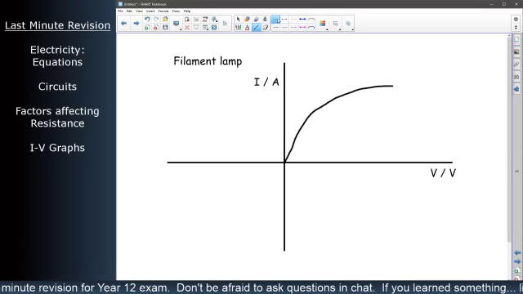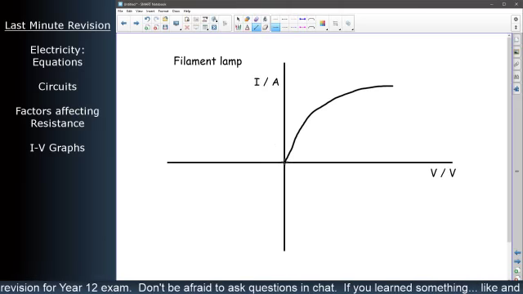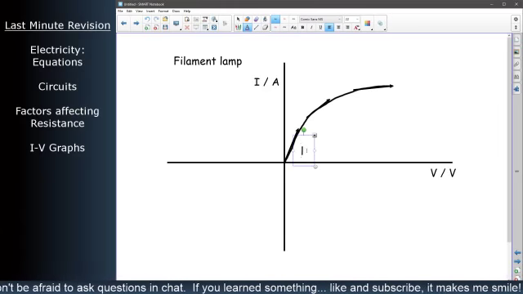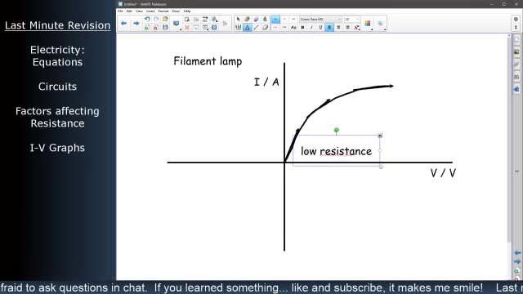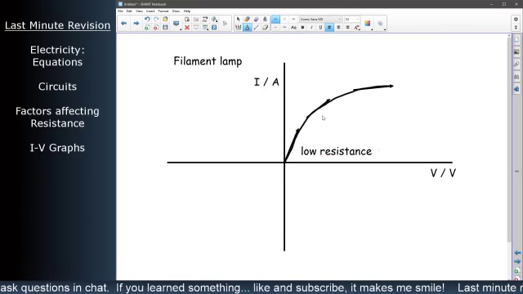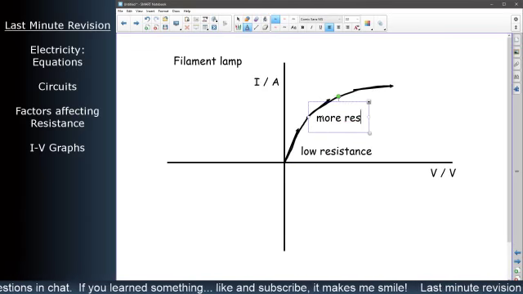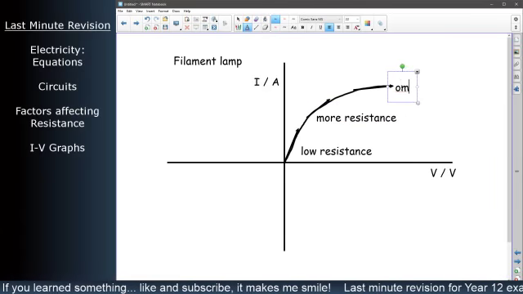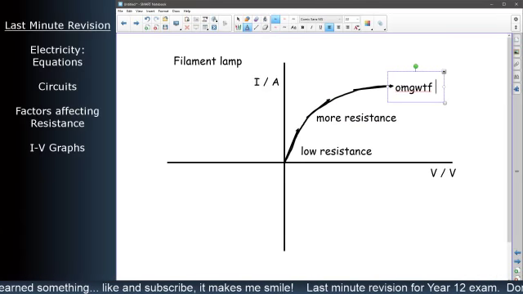If we look at this in a series of straight lines, it starts off kind of conductive, then less conductive, then really not conductive. Or it starts off with low resistance, but as it heats up, it gets more resistance, and then lots and lots and lots of resistance.